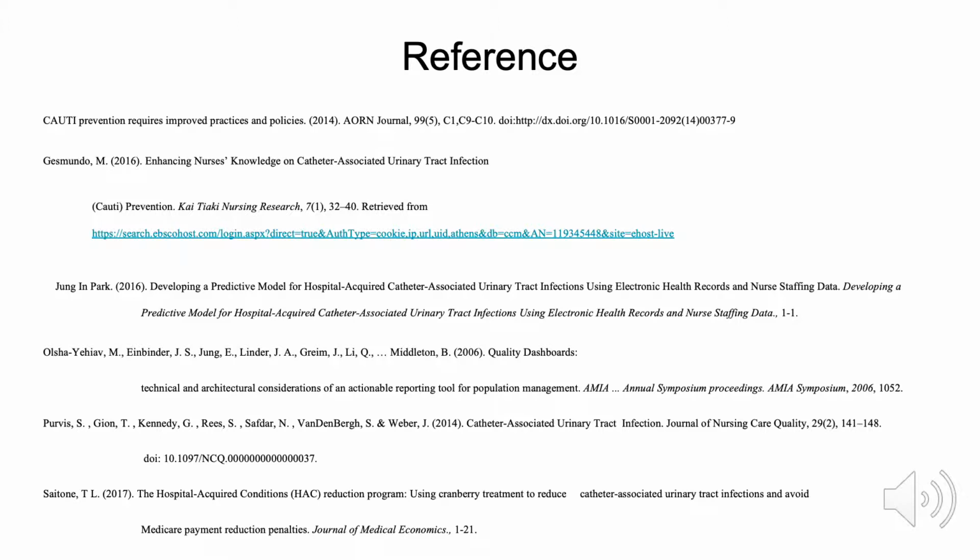Nurses should make sure that appropriate catheter use, proper techniques for urinary catheter insertion, proper techniques for catheter maintenance, quality improvement programs, administrative infrastructure, and surveillance are being followed to decrease the prevalence of Cauti. Proper technique is definitely a make or break in patients developing Cauti, so it's very important that nurses follow those proper techniques.